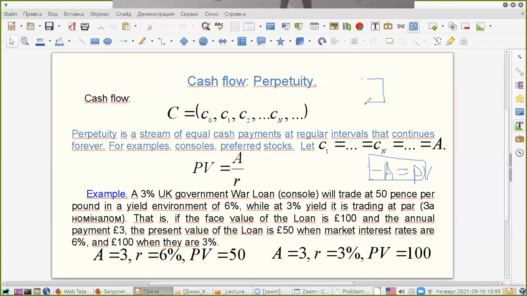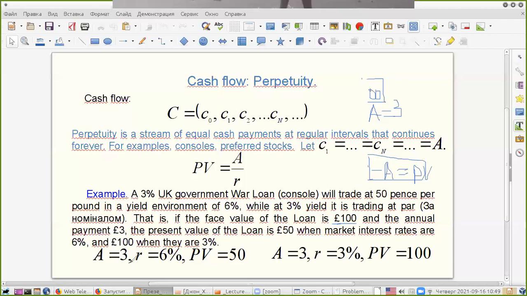It is 100 pounds, not dollars, but it doesn't matter. And the initial payment is 3 pounds. Initial payment, it's our A, equals 3 pounds.